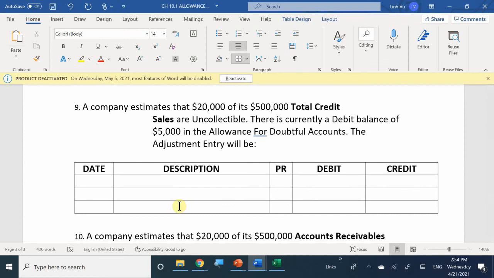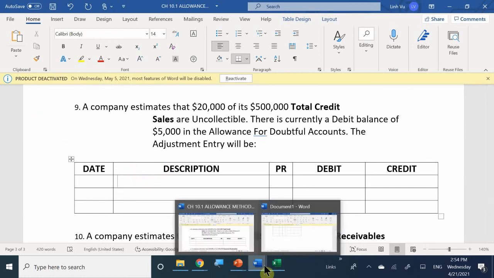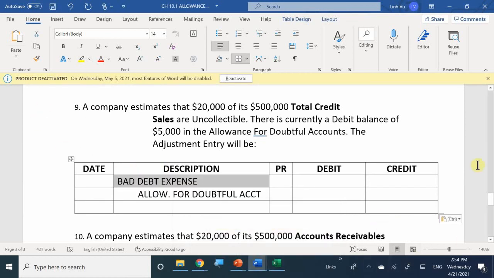It would still be 20,000, because the key word that we're looking for is that total credit sales. So in this case, the answer is still 20,000.